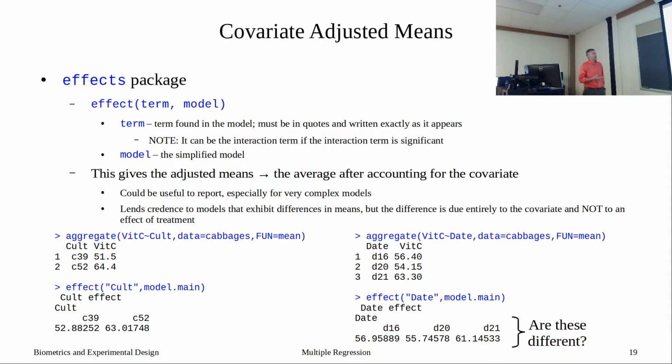So this is another package called the effects package, and the function that we use is effect. On these computers, they should be installed, so make sure you can get it loaded. We're going to use the mod.main or the simplified model.